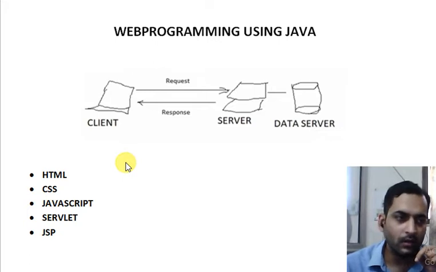We cannot establish a database connection using HTML. It is simply a designing language and we cannot do any type of programming using HTML. So it can only be used to develop a static web page, right?